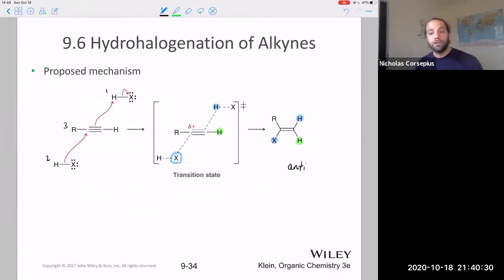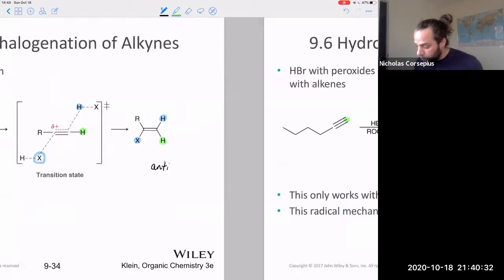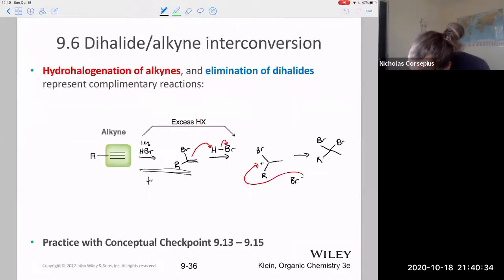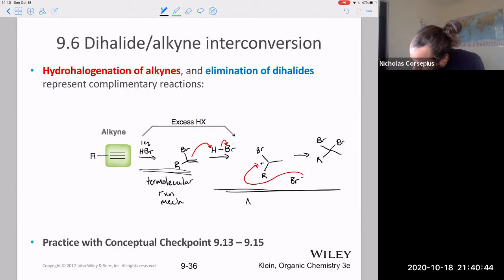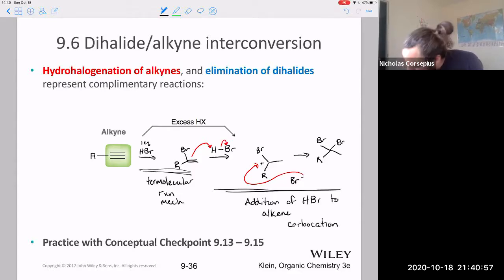That's how we get addition to our alkyne. That would be the first step here. And then in the second step, this is addition of HBr to an alkene, which is the carbocation intermediate.